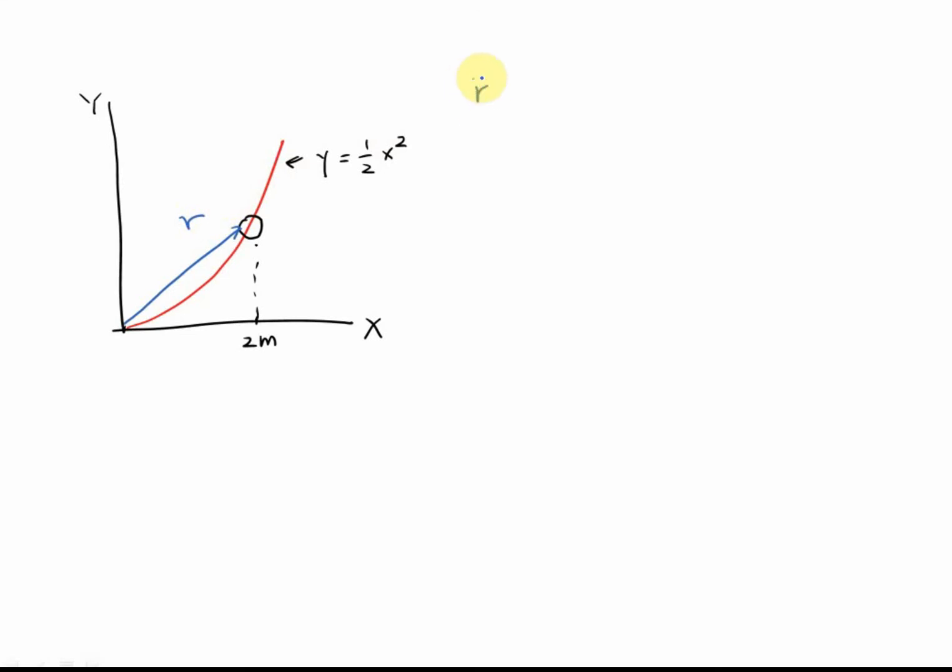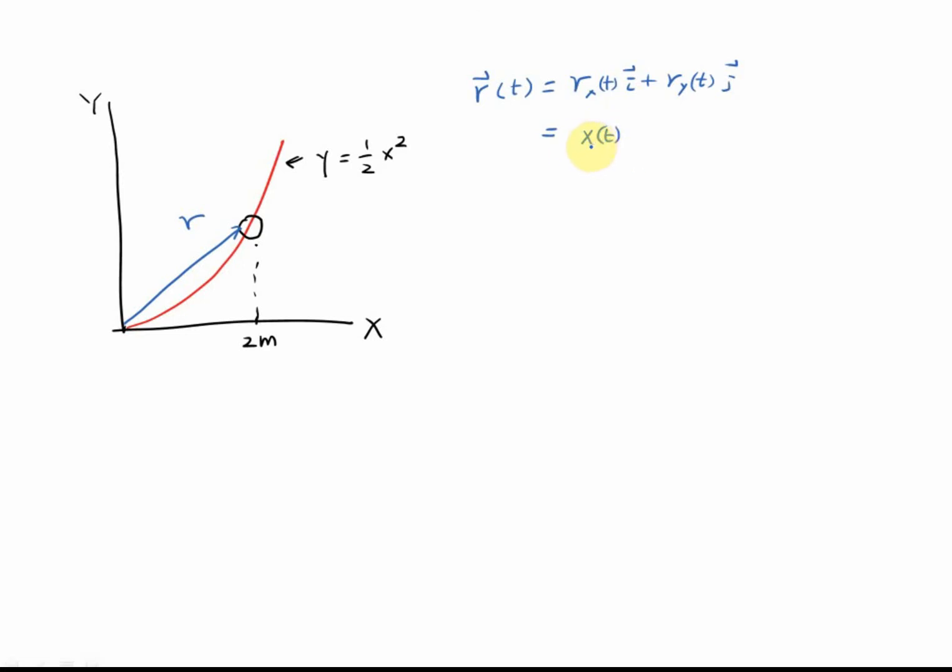My position vector r is rx(t) i plus ry(t) j, and my rx is just x, because x keeps changing as a function of time.